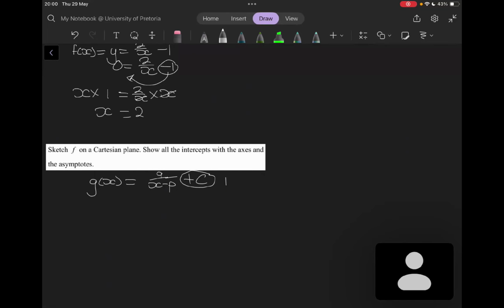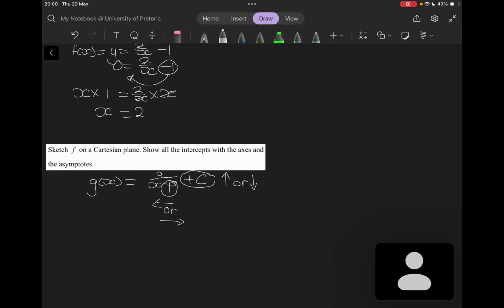So it tells us if it's shifting up or down. This over here tells us if it's shifting left or right.